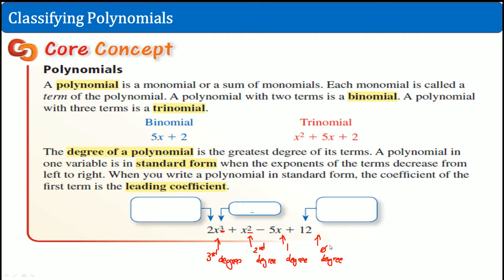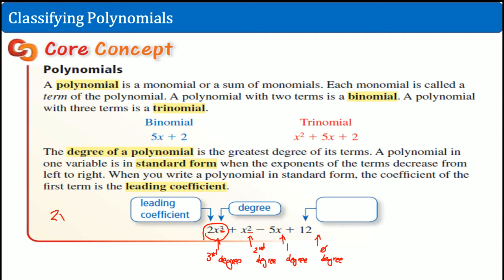Alright. So the last thing that you would like to do is once it's put into standard form, the number in front here is called the leading coefficient. The leading coefficient is the number that is in front of the leading term. So this whole thing can be expressed, right?